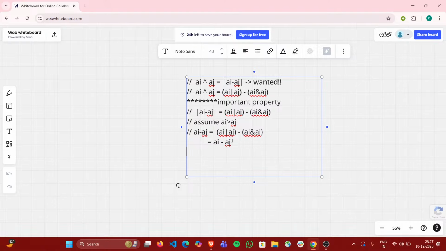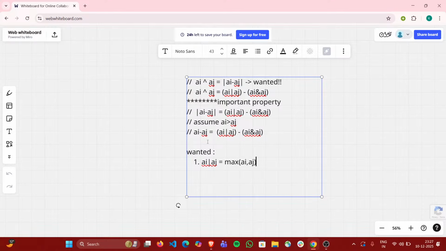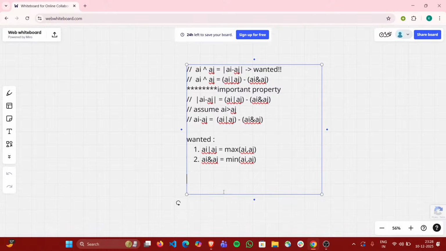So what is wanted first is that ai OR aj is equal to the max of ai, aj, and ai AND aj is equal to the min of ai, aj. This is what I want, right? And how will I actually satisfy this condition?